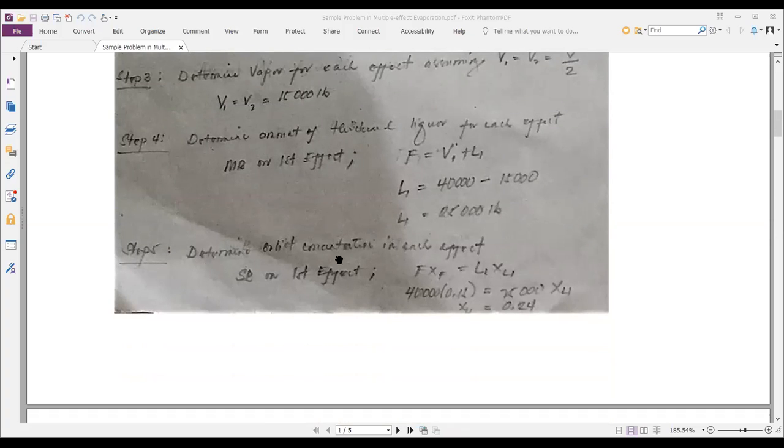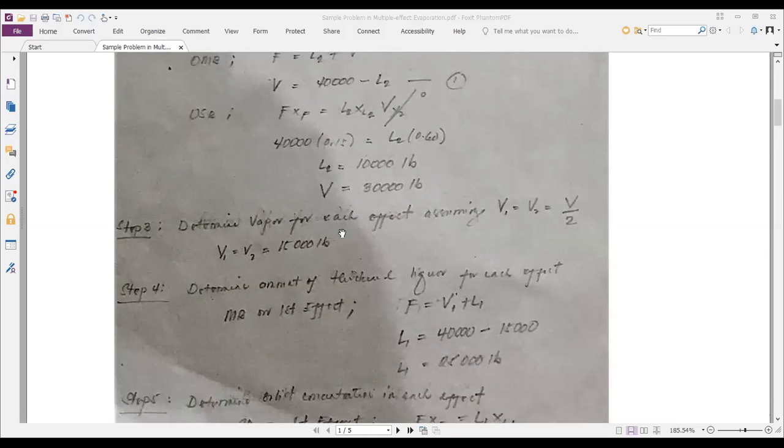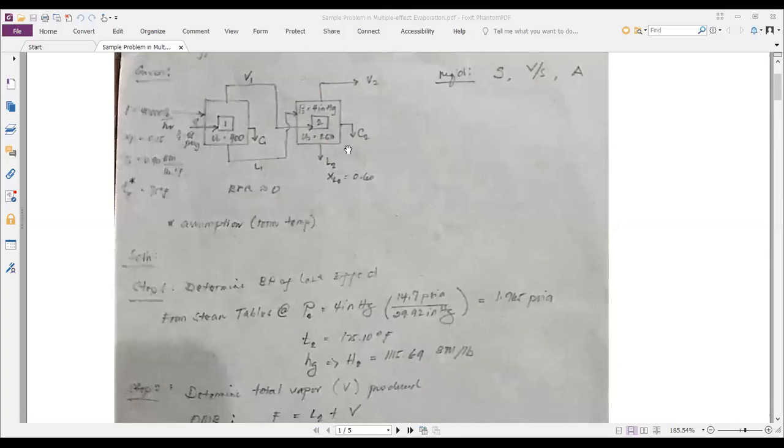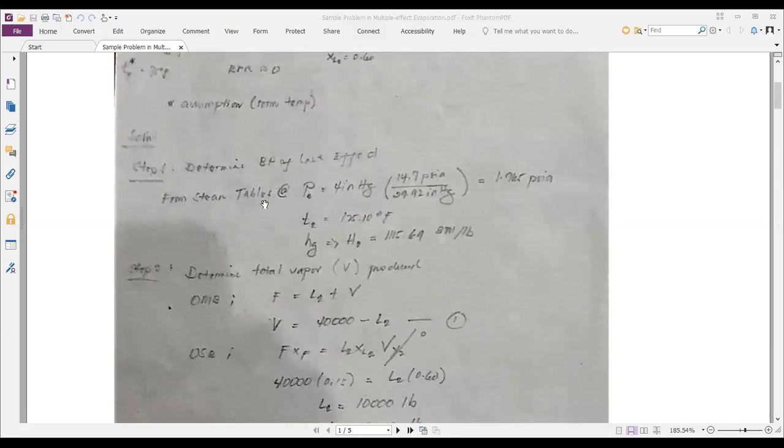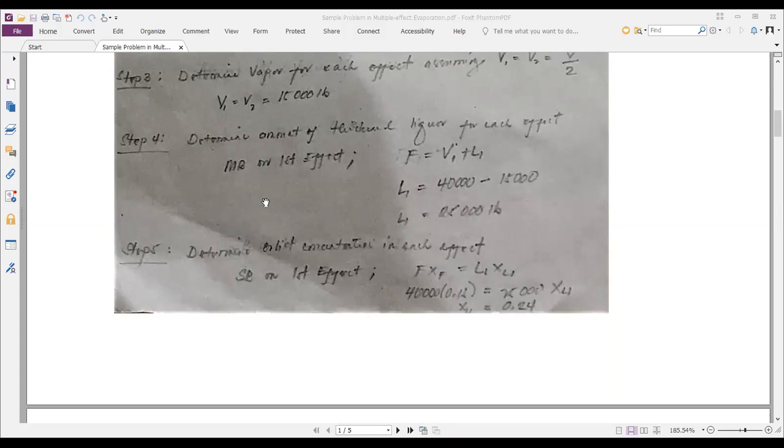Determine the solid concentration in each effect. If you recall, our second effect already has a known solid content, meaning I am only left with determining the solid content of the first effect. So take note, when you want the thickened liquor, you do material balance on each effect. When you want the solid content or the solid concentration of each effect, you do solid balance.